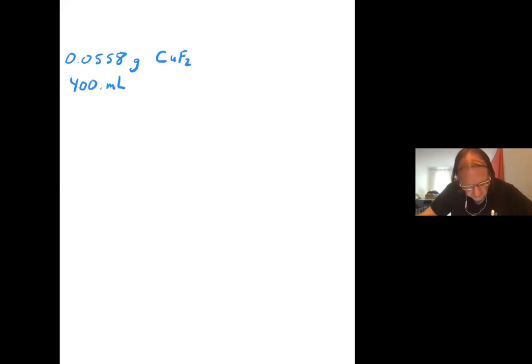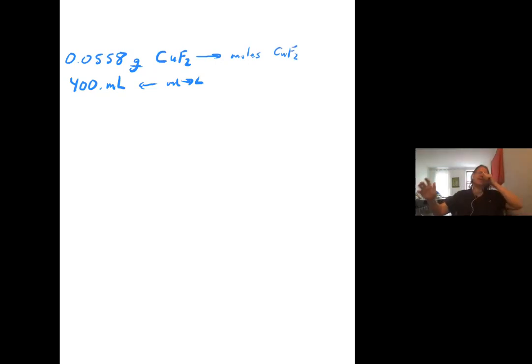Same thing here, you have milliliters, so you're going to have to convert milliliters to liters, just like we just did. The issue here is that this is in grams, so you have to convert it to moles. So there's an extra step here. We want moles of copper fluoride, not grams of copper fluoride. So how do we do that?